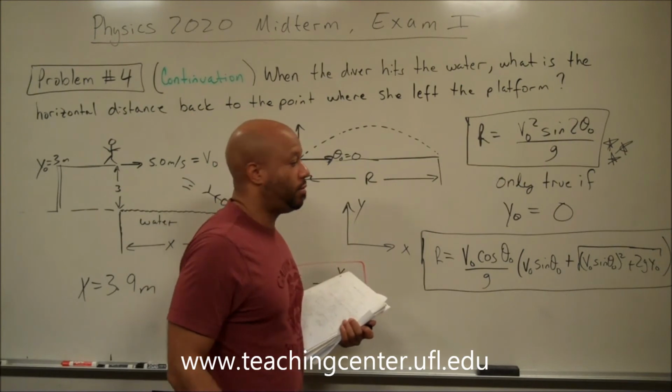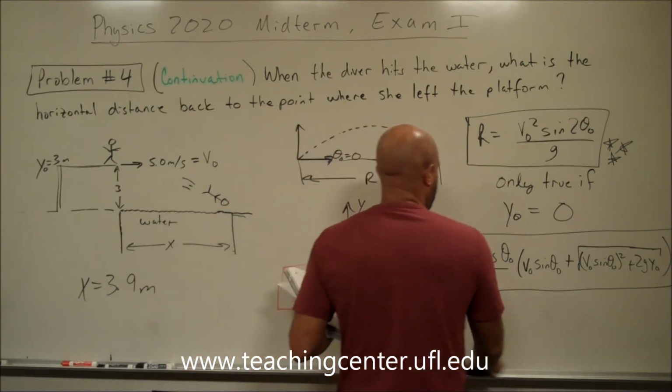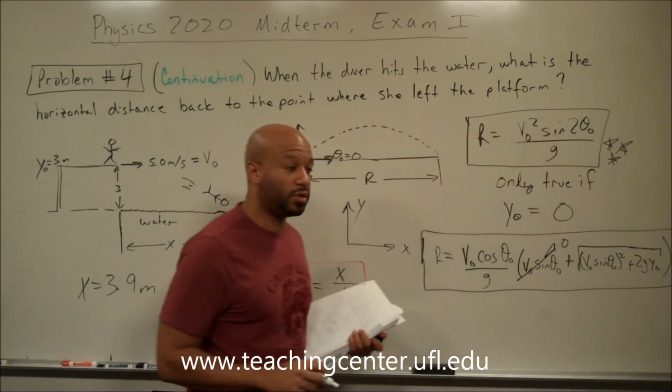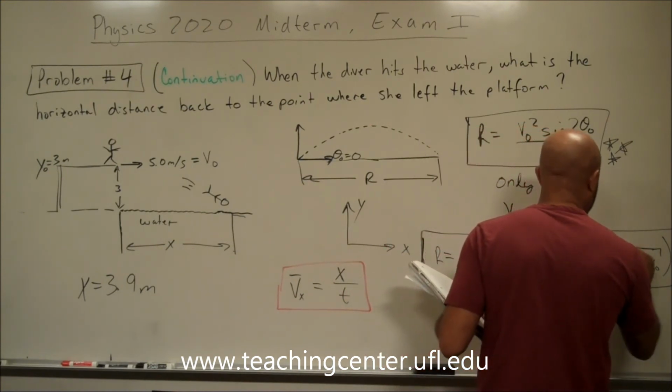And if we were to substitute the information into this equation, we know that this term is going to go to 0 because theta is equal to 0. We also know that this term is going to go to 0.